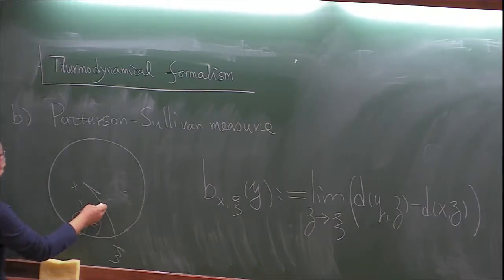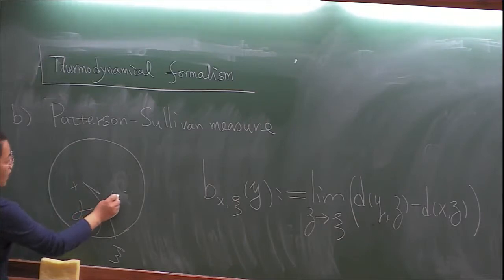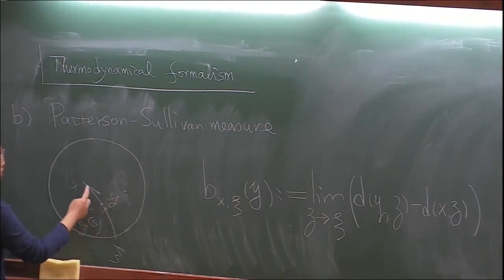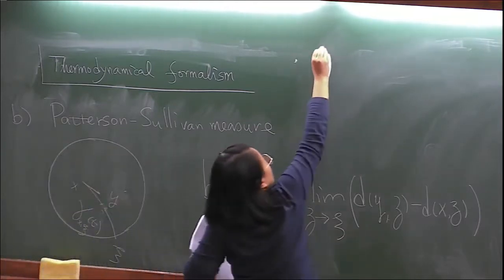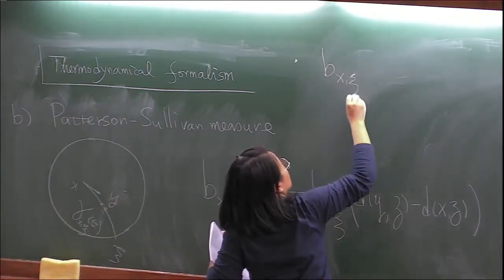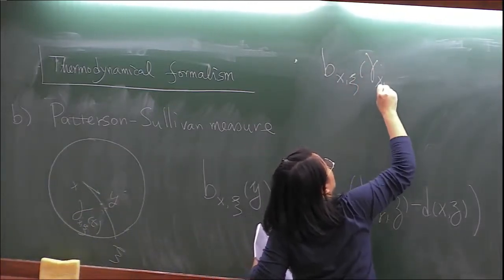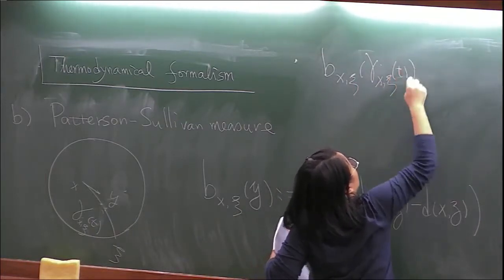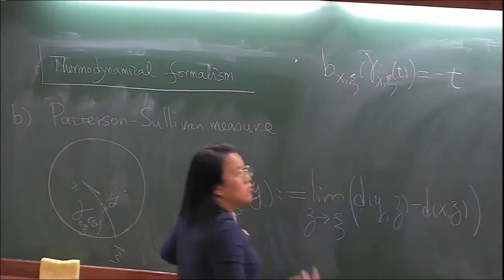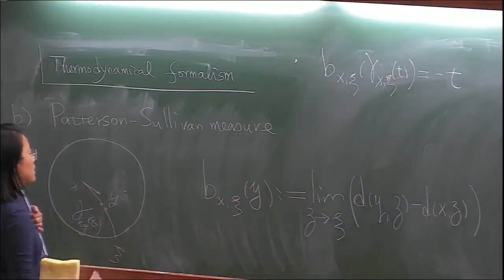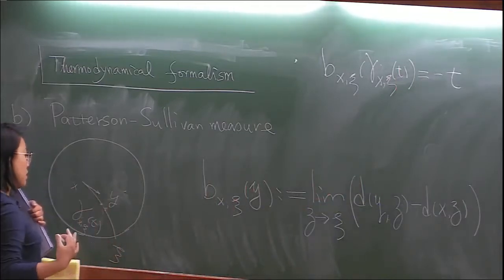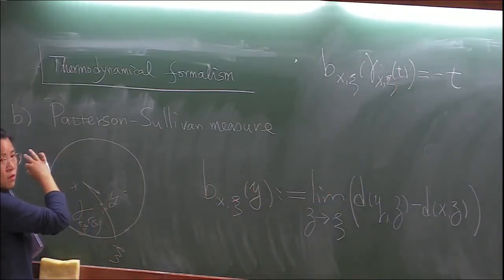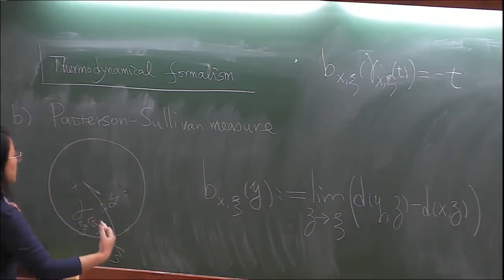So the Busemann function, the value at this y is just minus t, right? So this is the first observation. Gamma x c, t is just minus t. So gradient of Busemann function is the reverse direction of the geodesic spray, right?